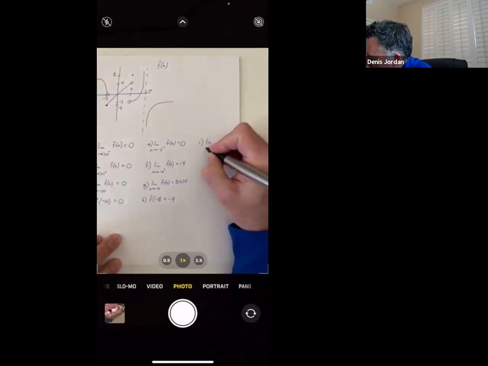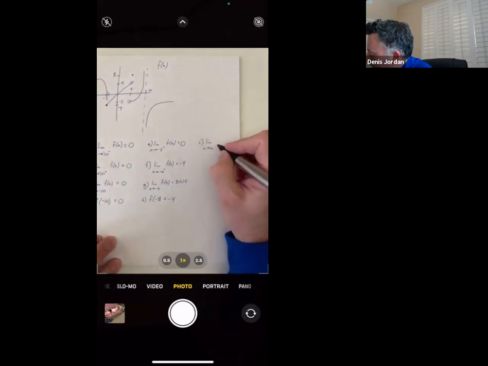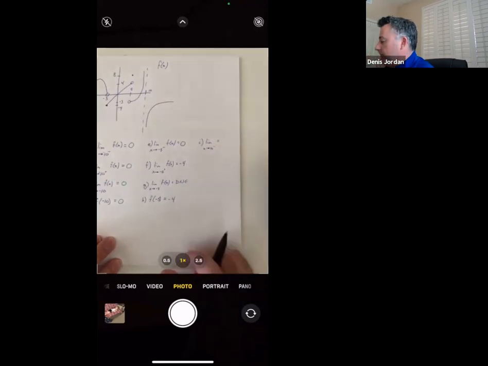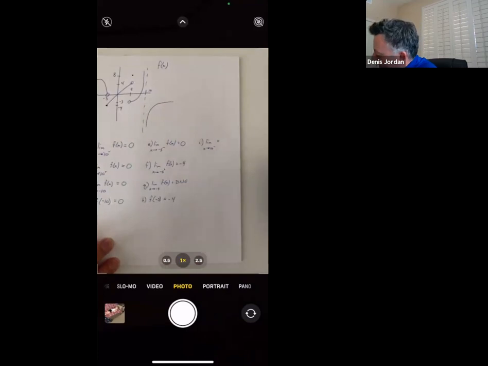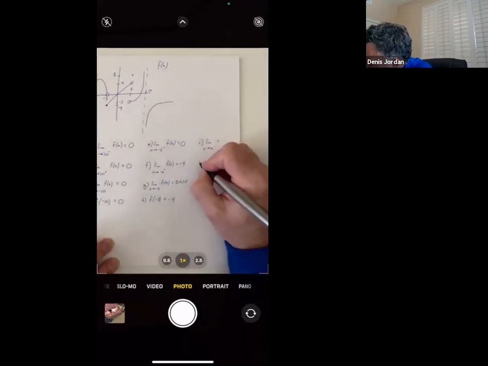Let's do the limit as x approaches 10, positive 10 from the left. The limit as x approaches positive 10 from the right.